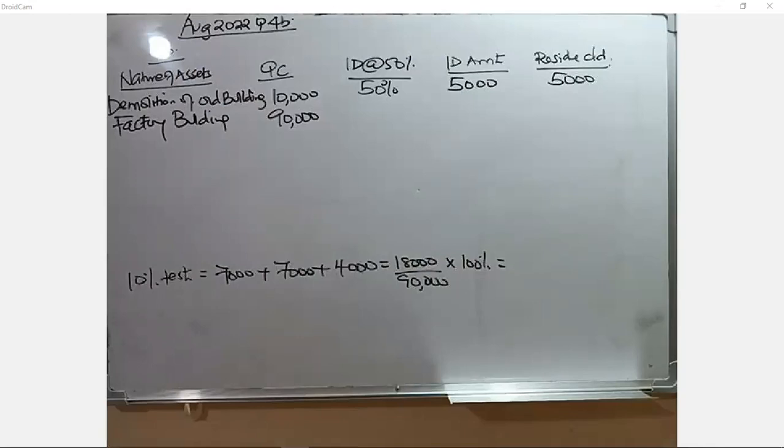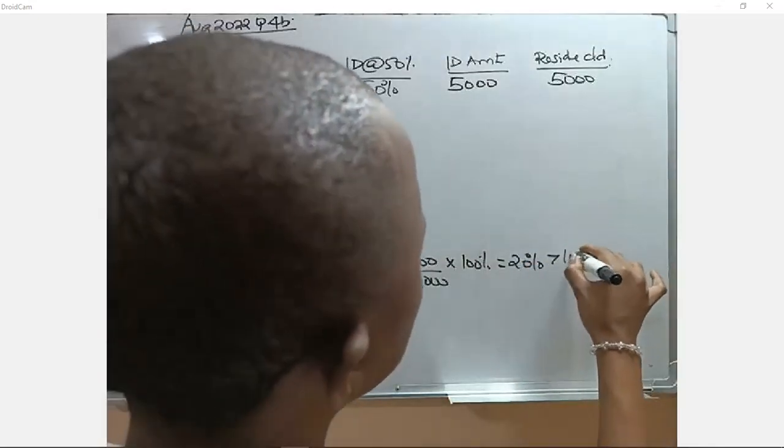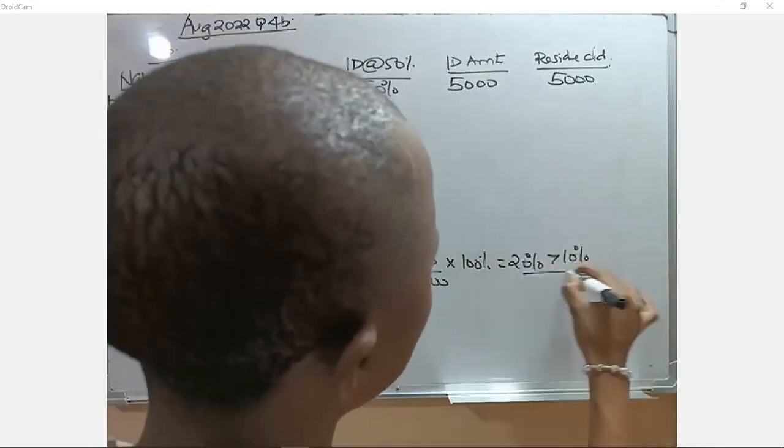So 18,000 divided by 90,000 times 100%, I'm getting 20%, which exceeds 10%, which is greater than 10%.